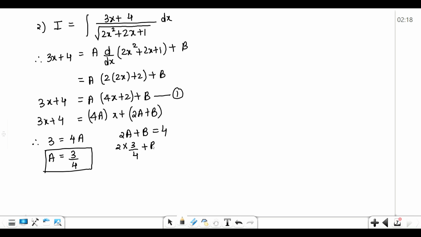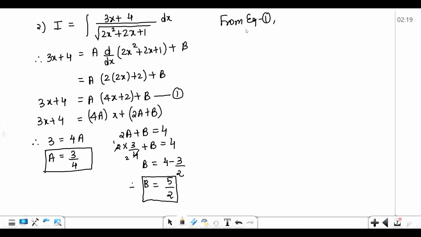3 by 4 times 2 plus b is equal to 4. So that will be cancelled by 2 times, so we are left with 3 by 2. So b will be equal to 4 minus 3 by 2, that will give you 5 by 2. We got the value of b. Okay, so this was a, this was b. Now from equation 1, we'll take the equation 1 again and substitute the value of a and b.